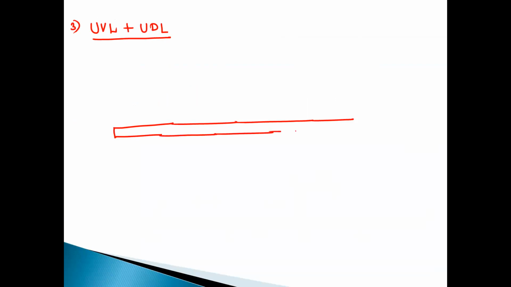So if we have a loading which is a combination of uniformly varying load and uniformly distributed load, then how do we convert that into a point load? Suppose we have one beam, AB.